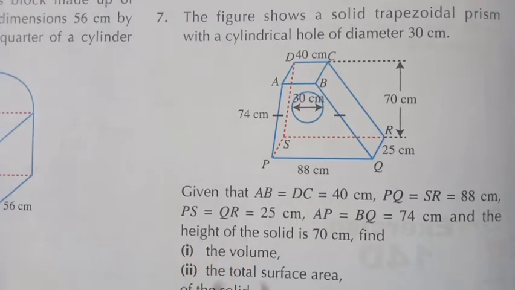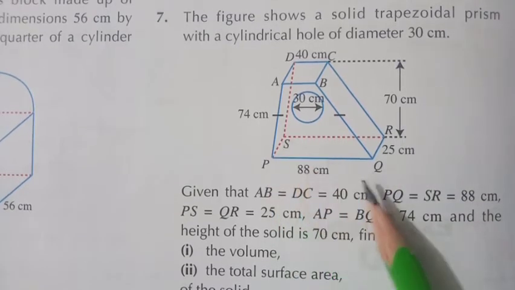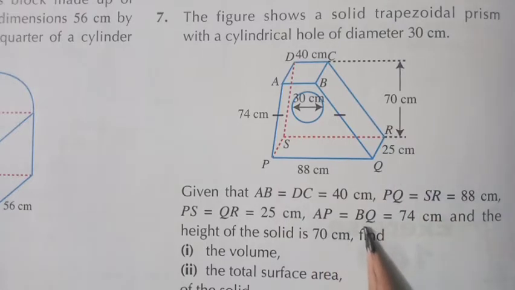PS equal to QR equal to 25 centimeter. AP equal to BQ equal to 74 centimeter.